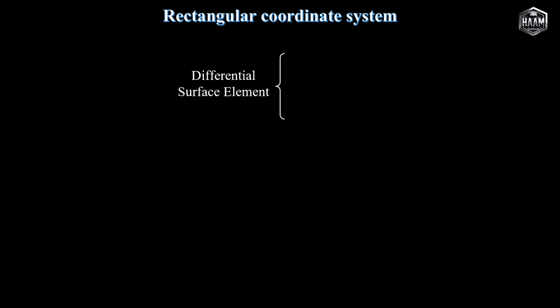The first standard surface is the surface on which x is fixed, meaning that all points on that surface share the same x value while y and z vary.